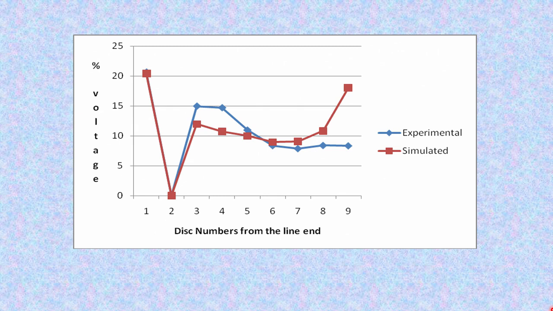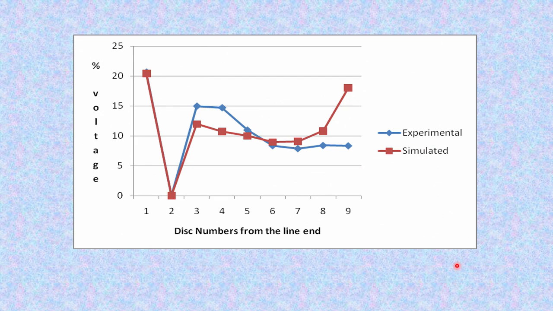This is an experimental and simulated graph which has been carried out in the laboratory for a 132 kV system. For 132 kV you have 9 discs in a string. The simulated values are indicated in the red curve here, and you can see the experimental curve here. In the experiment, we shorted the actual insulator.